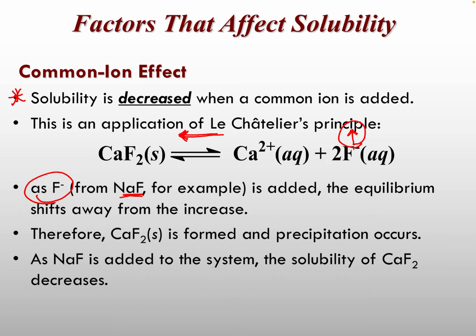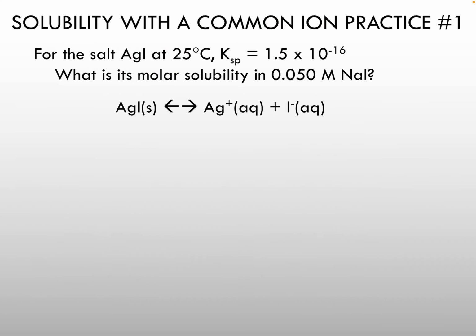Had we added calcium fluoride, then that would make our problem even trickier. But here, the only thing that sodium fluoride and calcium fluoride have in common is that fluoride. So as we increase the concentration of our fluoride, calcium fluoride is being formed, and we are causing further precipitation.